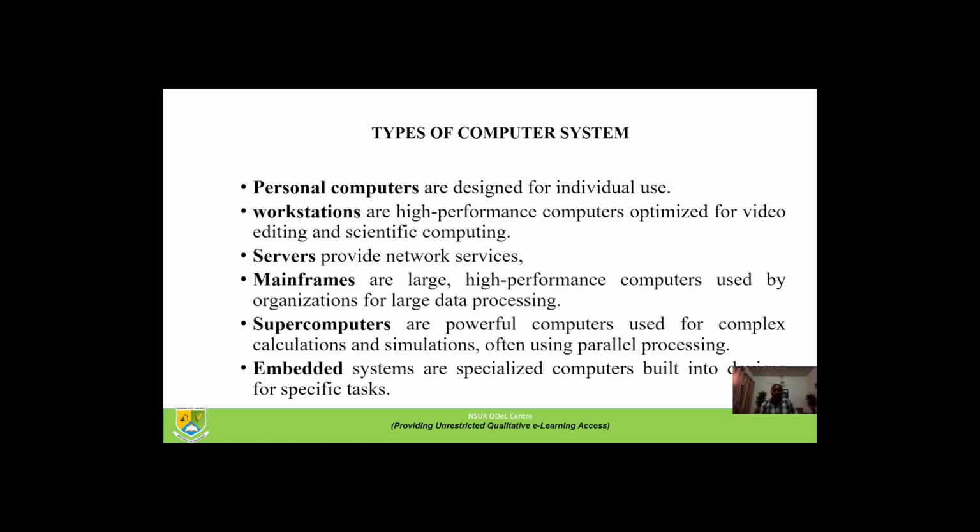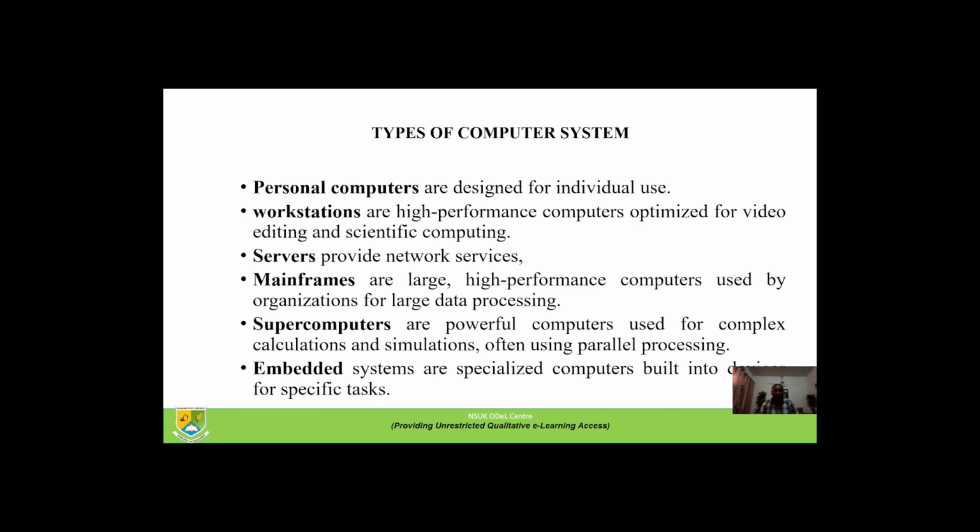We have various types of computer systems, which can take the form of personal computers that are designed for individual use, or workstations that are high performance computers, mostly optimized for video editing and scientific computing. We also have servers that provide network services such as email services or file servers.